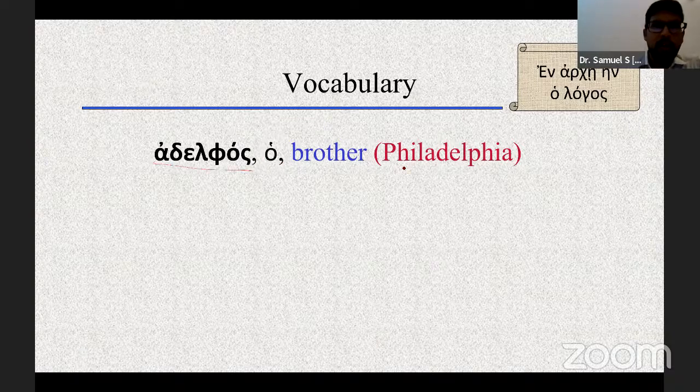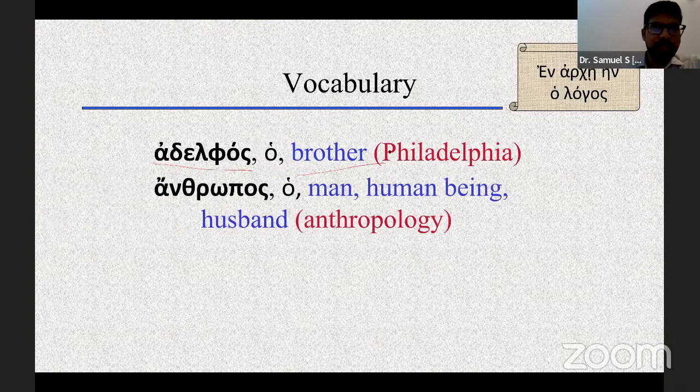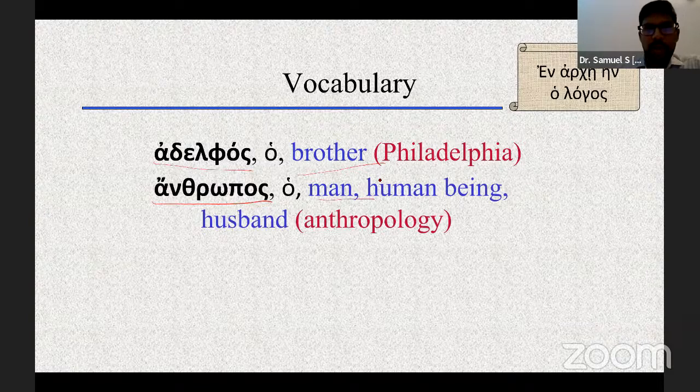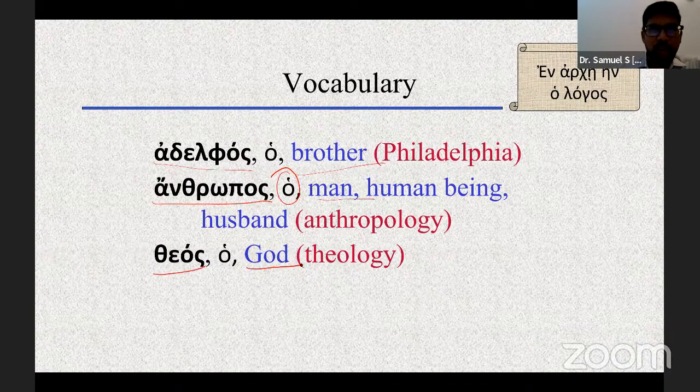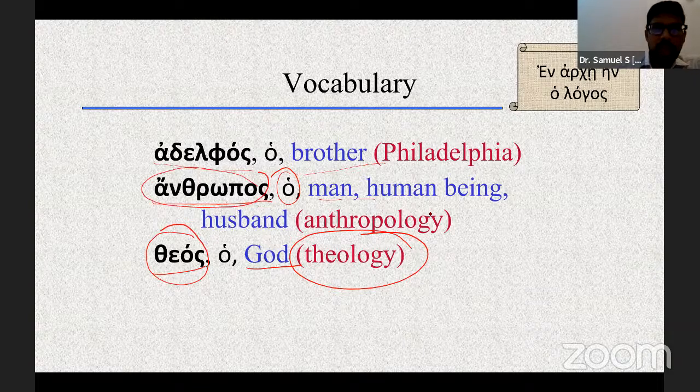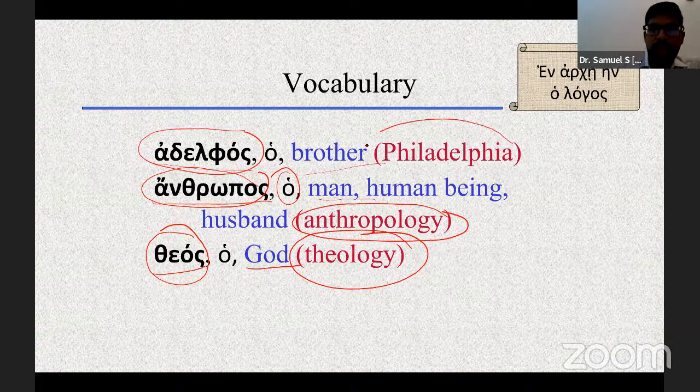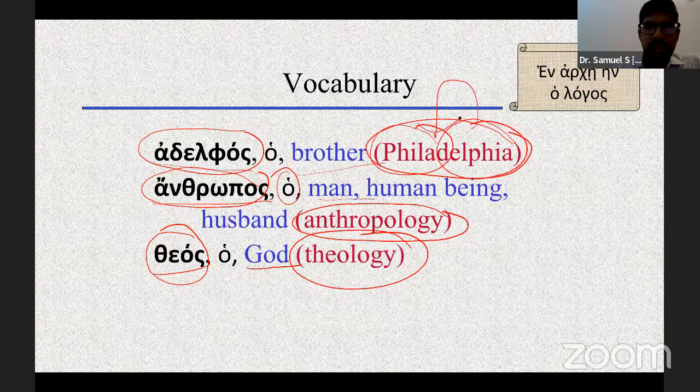Okay, so Adelphos, brother. Anthropos, man. This is also masculine. Theos, God. Theology, theos. Anthropos, anthropology. Adelphos, Philadelphia. Phileo is love. Adelphos is brother, the city of brotherly love, Philadelphia.